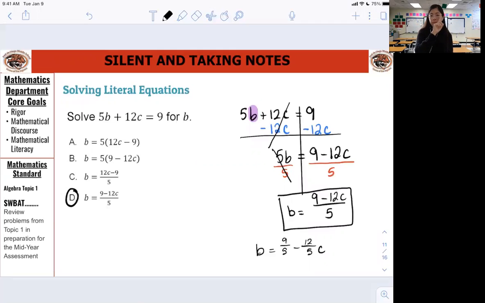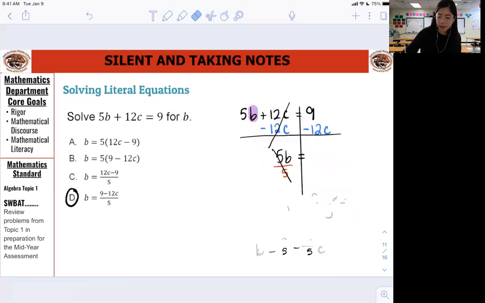Careful. Answer choice C looks correct at first, but what did they switch around? Oh, they did the same thing that I did. They put this 12c first, but they put negative 9 instead of negative 12. They have them backwards and not with the correct sign, because if you chose to write them backwards, let me show you what that would look like.